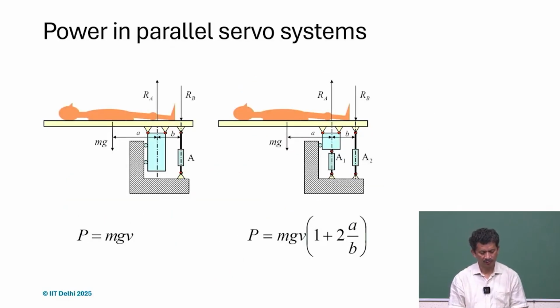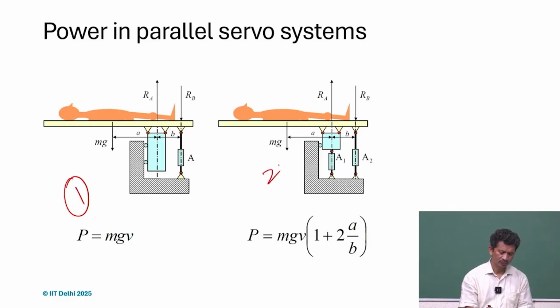Similarly, in many systems, like for medical application, CT scans, the patient has to be inserted inside for the scan, and you can design the bed to position and lift the patient. So there can be various ways. So there are two designs.